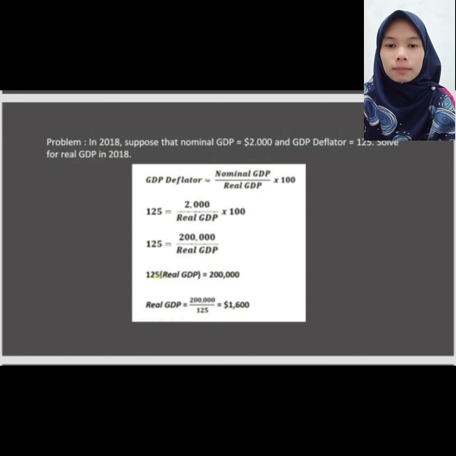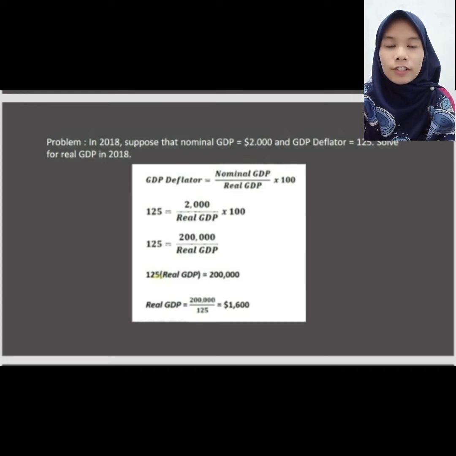One more problem, and perhaps a slightly more complicated problem, is this. Let's suppose in 2018 that an economy has a nominal GDP of 2000 and the GDP deflator equals 125.